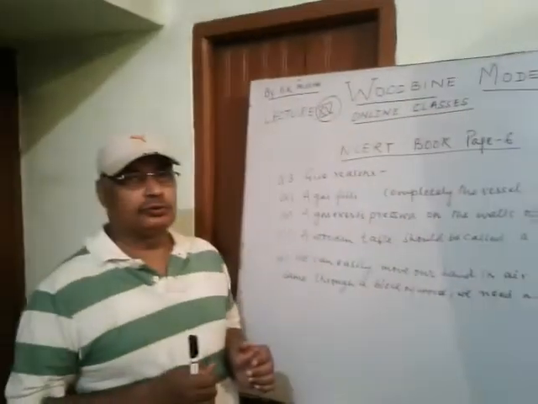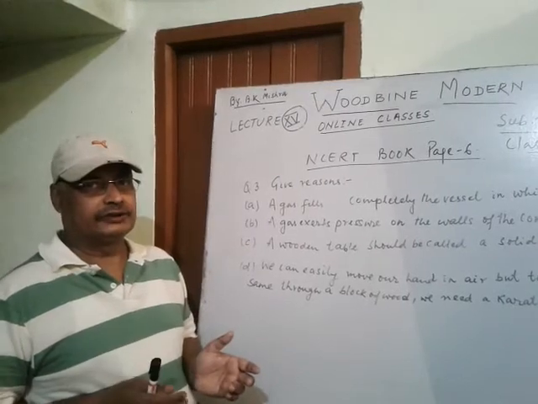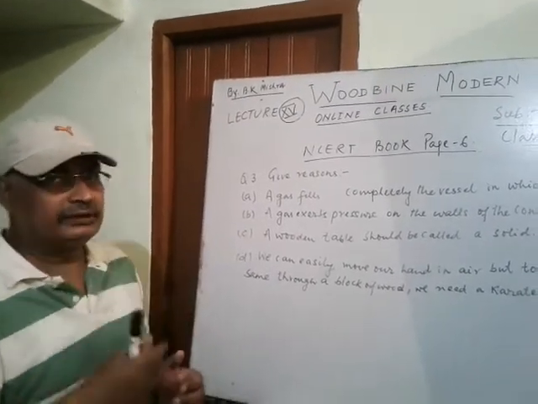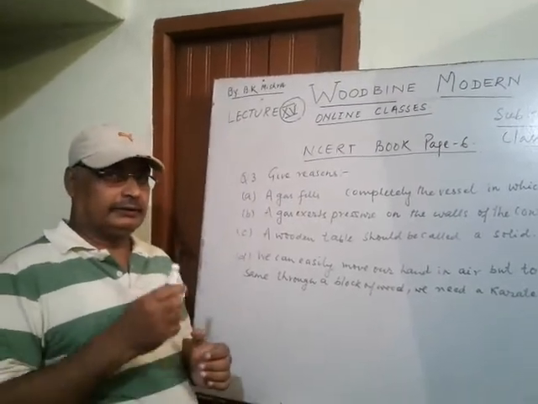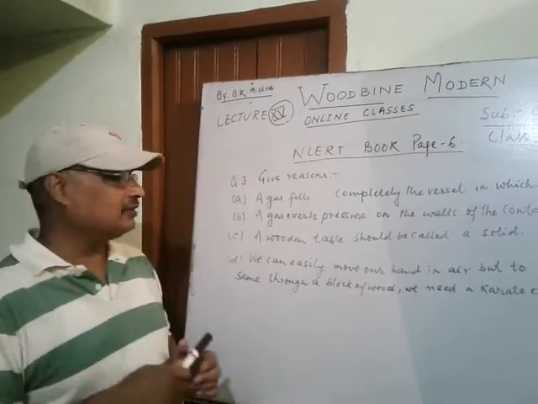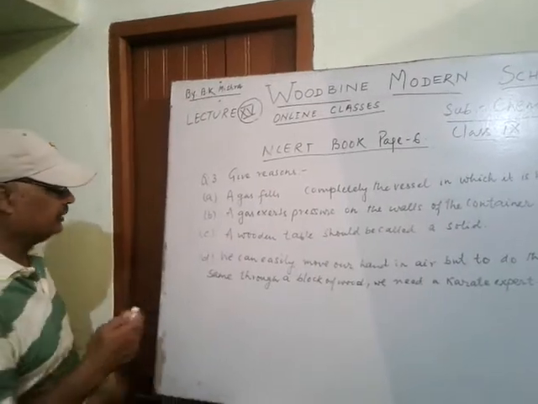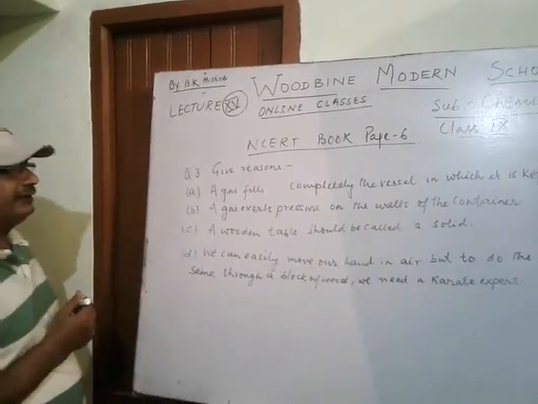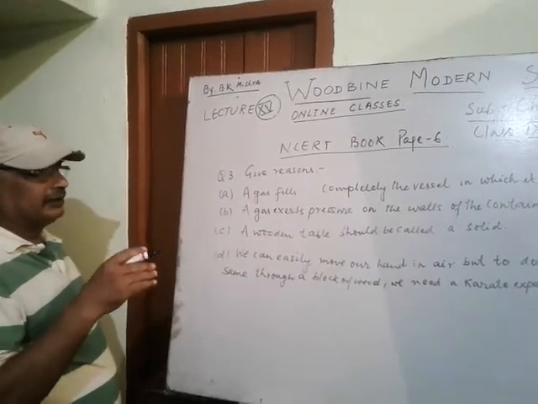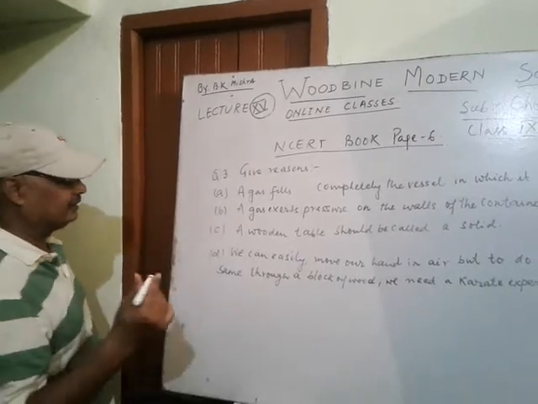Because, as we know, the particles of gas have high kinetic energy, and therefore they move randomly. They move in the container in which they are kept. They strike the walls of the container. So because of the high kinetic energy of the particles of the gas, it fills the container, or the vessel, in which it is kept.